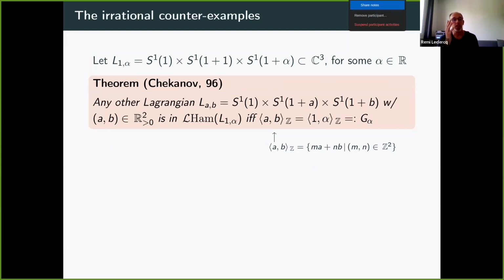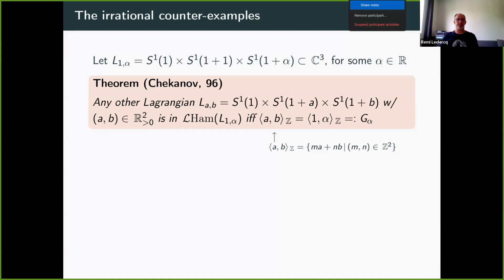Then Chekhanov's classification tells you that any other Lagrangian which is split and of the form S1 of capacity 1 times S1 of capacity 1 plus A times S1 of capacity 1 plus B, with A and B positive, will be in the Hamiltonian orbit of L1 alpha, the initial guy, if and only if the set of real numbers MA plus NB for M, N integers is the same as the set generated by 1 and alpha over the integers.